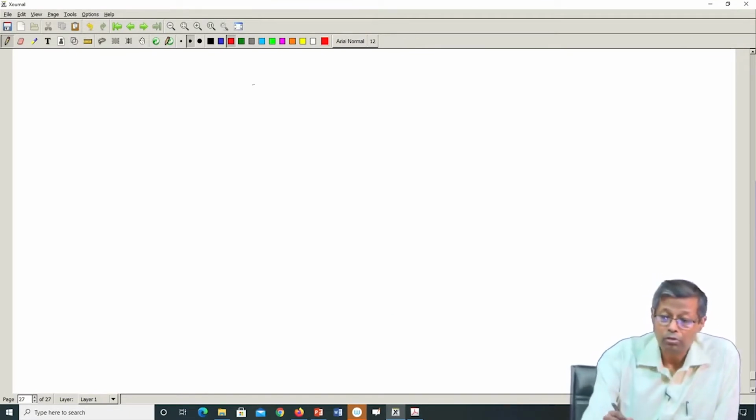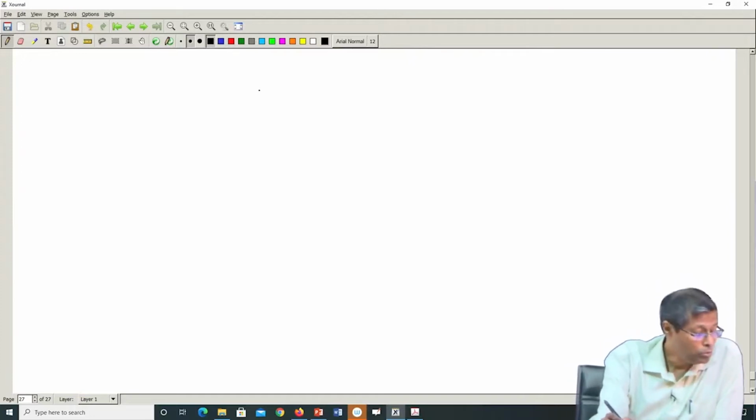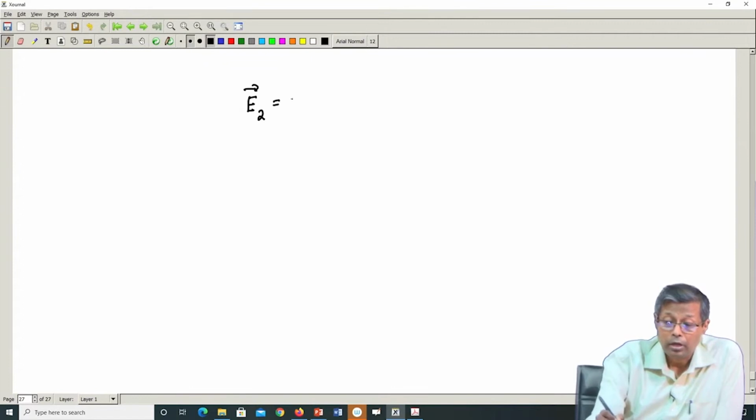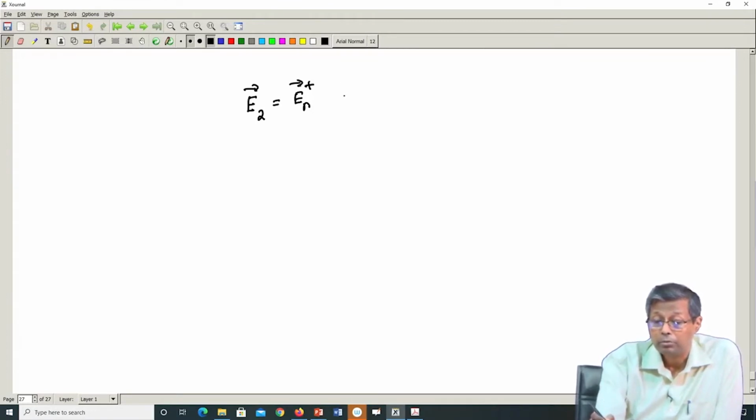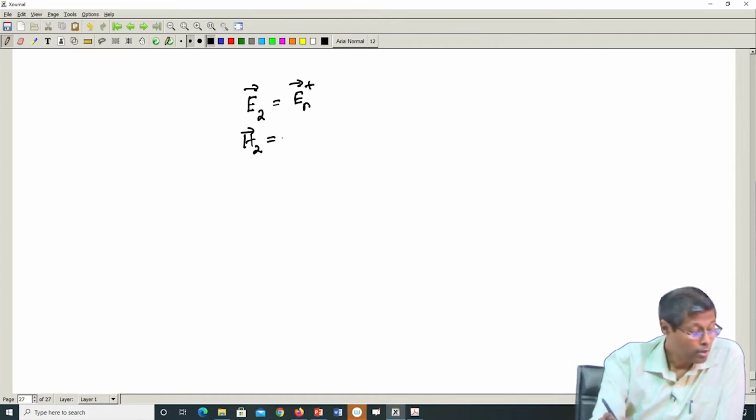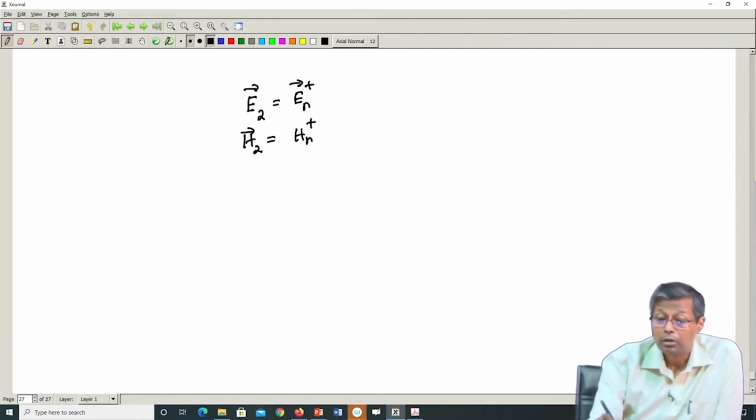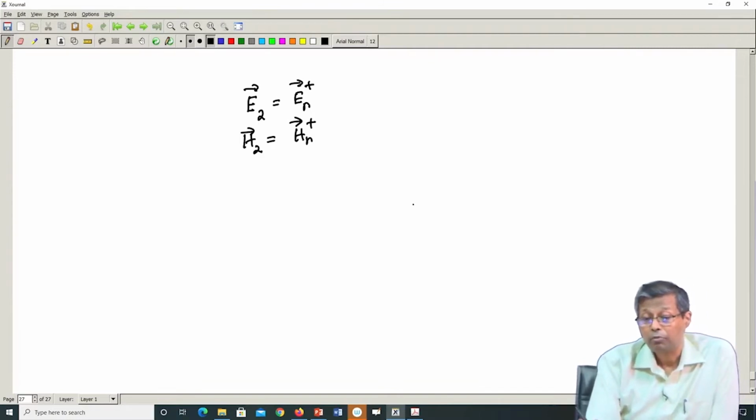So, we will now consider the electric field E 2 to be E n plus, which is the forward moving nth harmonic, and H 2 to be H n plus, which is the forward moving nth harmonic for the magnetic field.